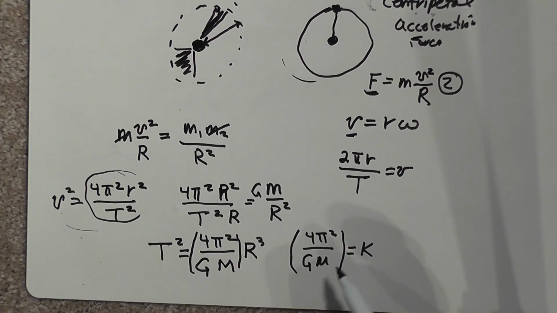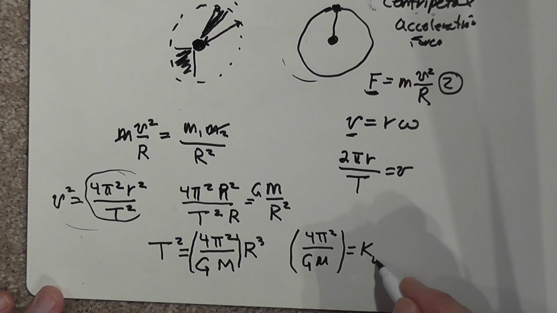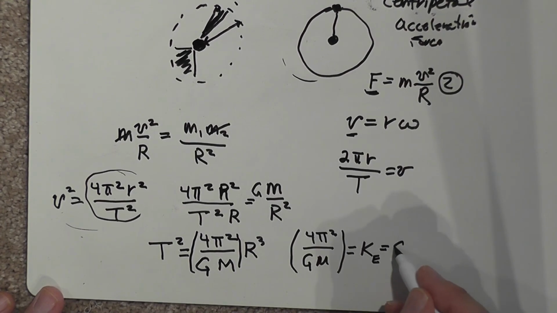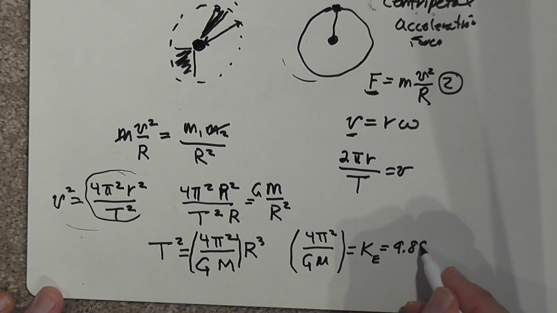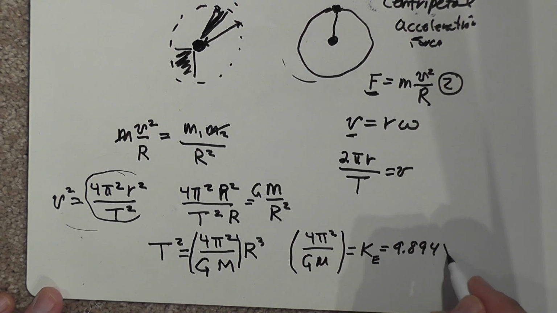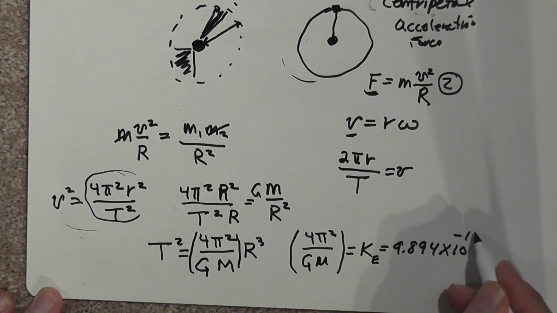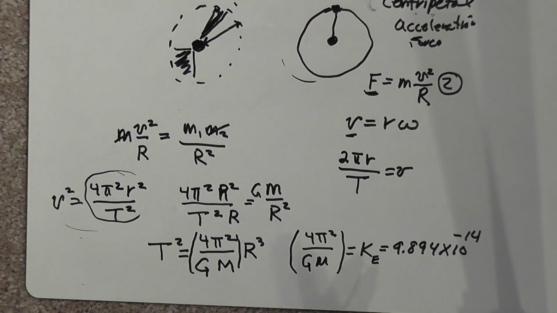And if you have a system, say the Earth-Moon system, then that will have its own Kepler's constant. By the way, for our planet, Earth, Kepler's constant is about 9.994 times 10 to the minus 14. No units. It's very small.